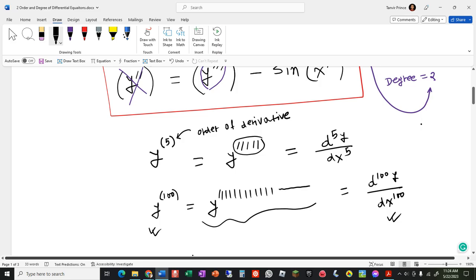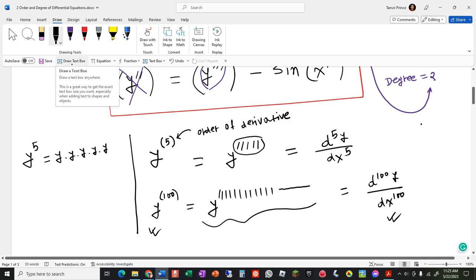Compare this with y to the power 5 with no parentheses. That is indeed an exponent, so that is actually y times y times y times y times y. Make sure you see the difference. If I do not have parentheses, it's just a regular exponent. If I have parentheses, that refers to the order of the derivative.